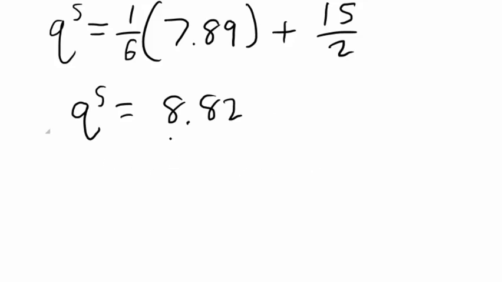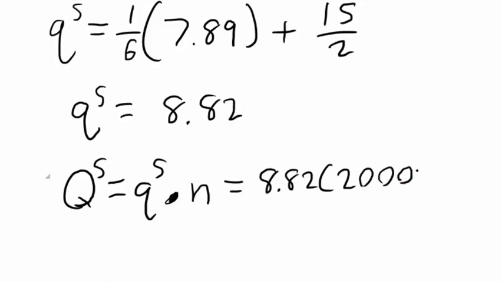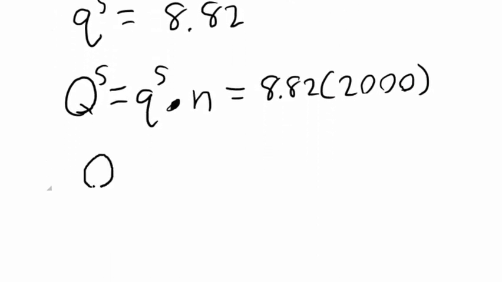So each firm supplies 8.82 units of a good. We can also find the market supply by using the formula we had earlier, big Q supply equals little q supply times the number of firms. So we have 8.82 times 2,000. So quantity supplied for the entire market ends up being 17,630.